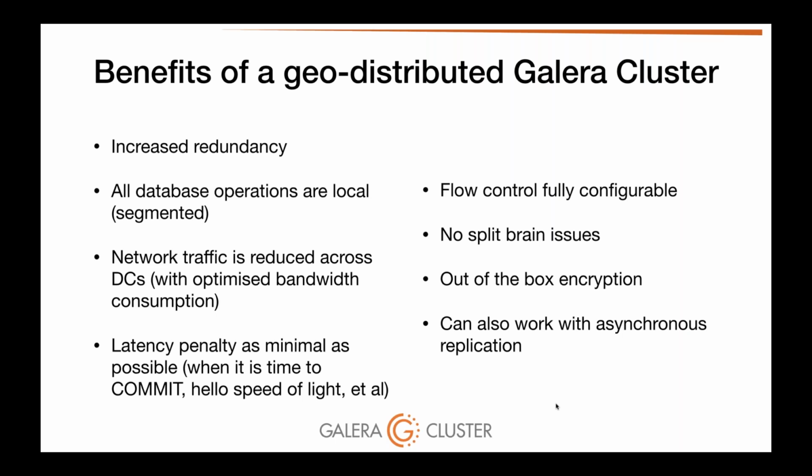But you have to think about high latency situations where the complete avoidance of slave lag is not required, because we also allow asynchronous replication between these 2 otherwise independent Galera clusters, each running in its own data center. And with the fact that we have parallel replication now in many database servers like MySQL and MariaDB, it makes a lot of sense that it's potentially a good option for you as well.